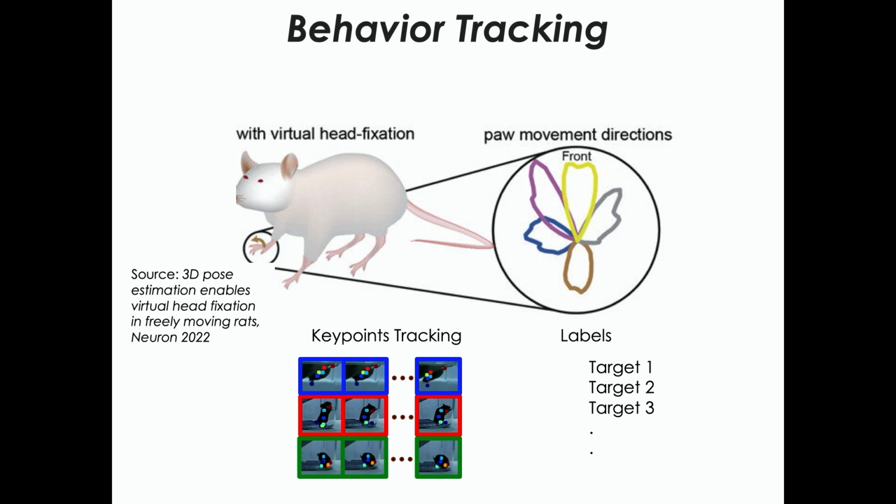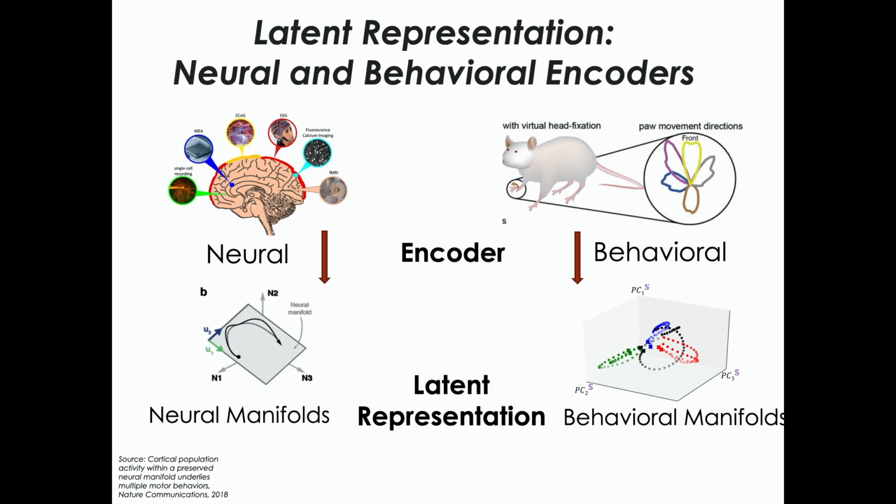So all of these, we would like to combine together and eventually align together. And latent representations, so representations of these data sets such that they will be alignable, are important methodological aspects that we need to address.